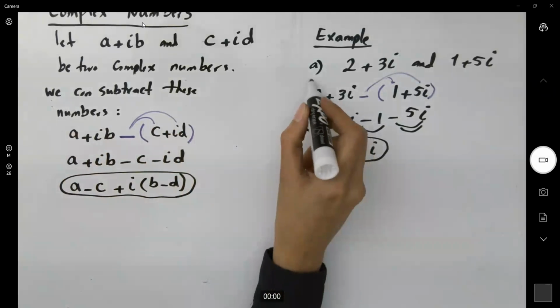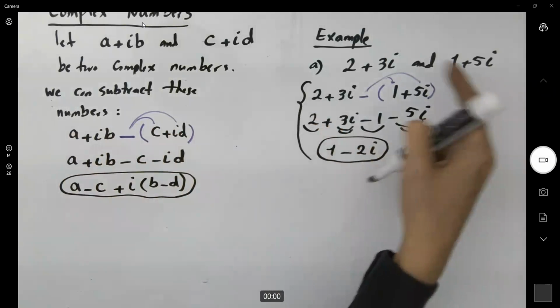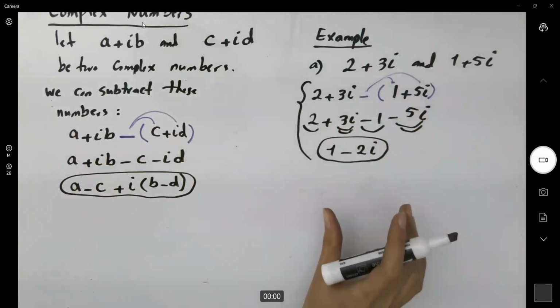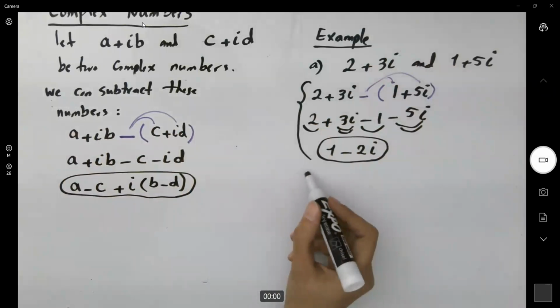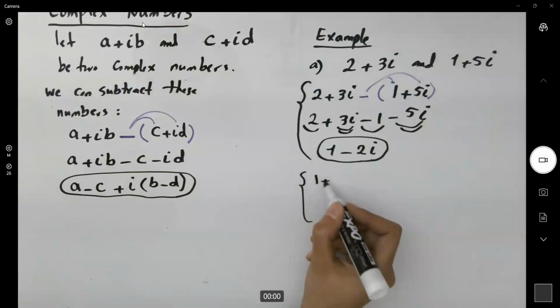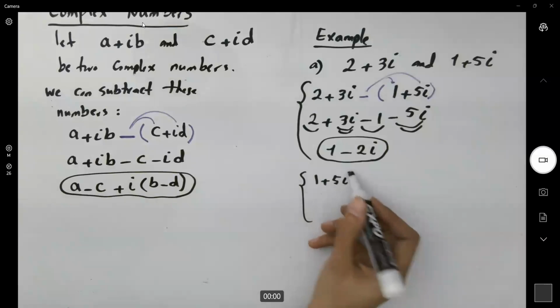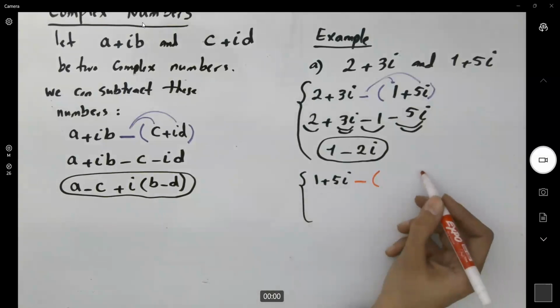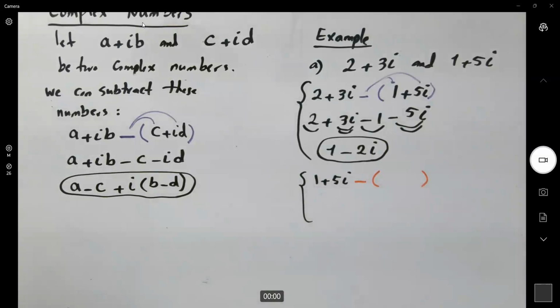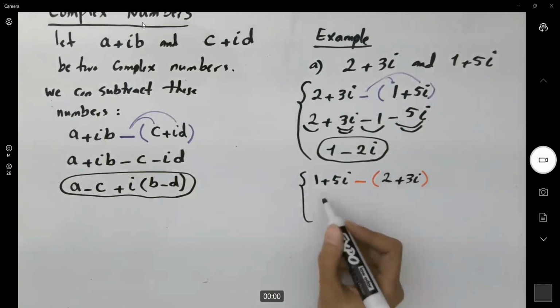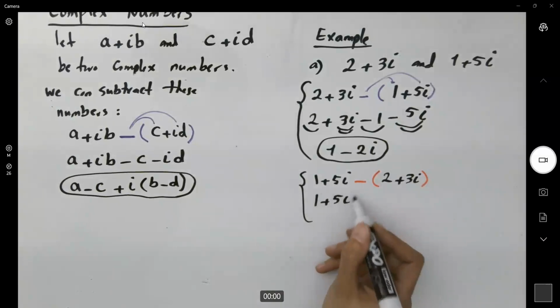Just note that if I switch these two numbers, my final answer is not going to be the same. It means that if I write this number first, 1 plus 5i, and do the subtraction, I'll use a different color, minus parentheses 2 plus 3i, this is 1 plus 5i.